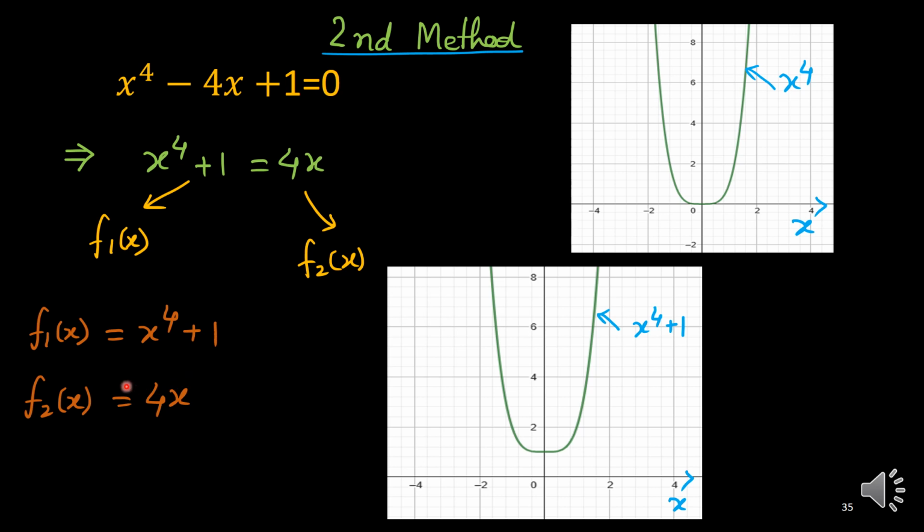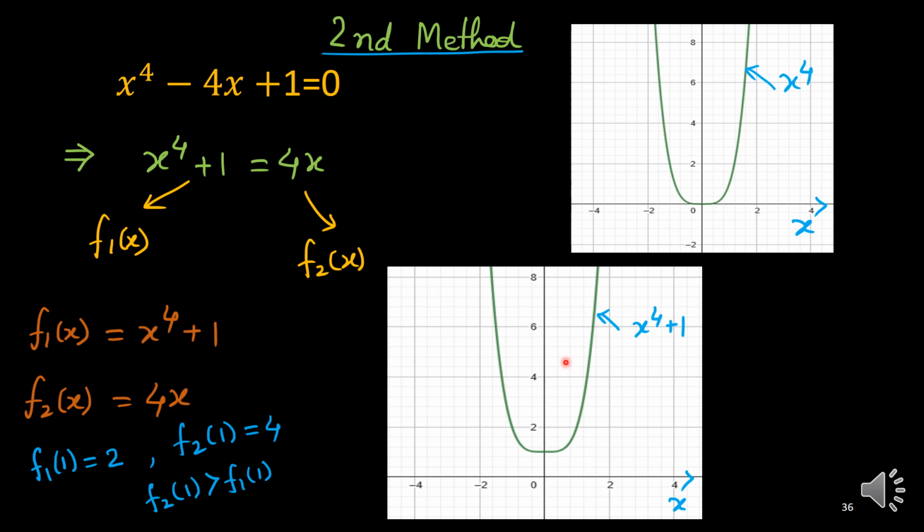Now I'll try to draw this linear plot, y equal to 4x. You can see that this function y equal to 4x will pass through the origin with slope 4. Now the question is whether this linear function will cross this curve or not. So how to make sure whether it will cross this or not? Can I find one point? If I consider a very simple one, put x equal to 1 here.